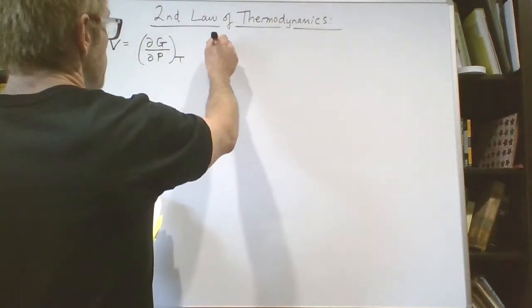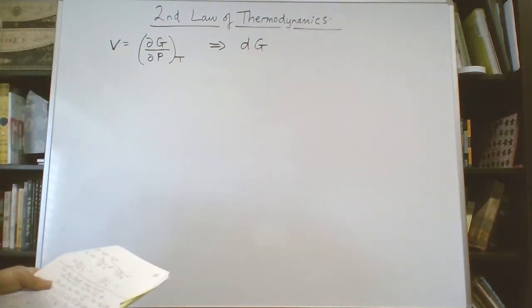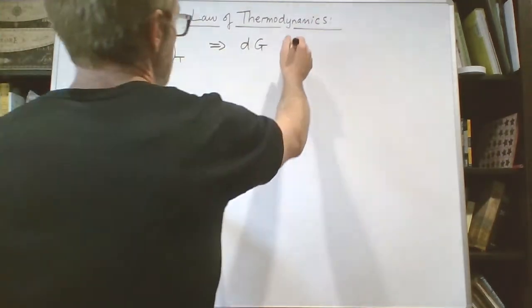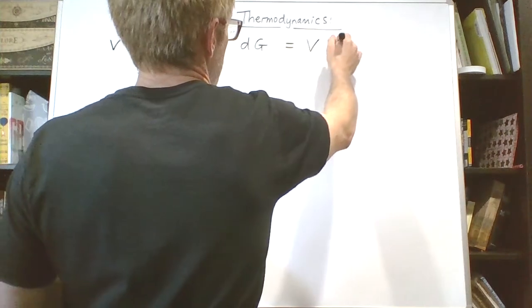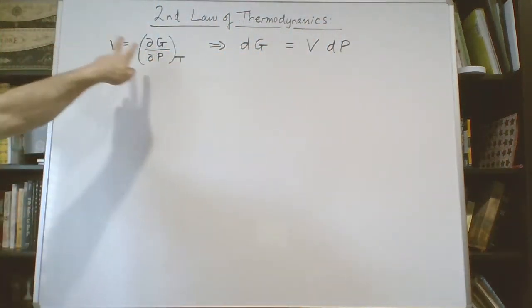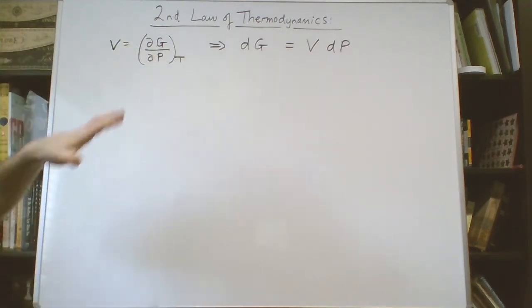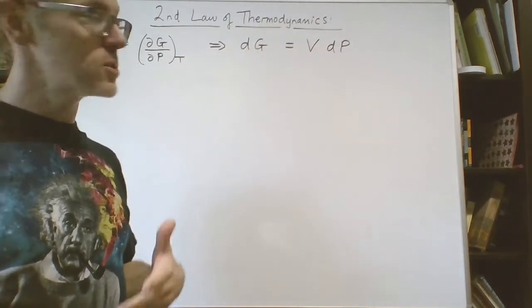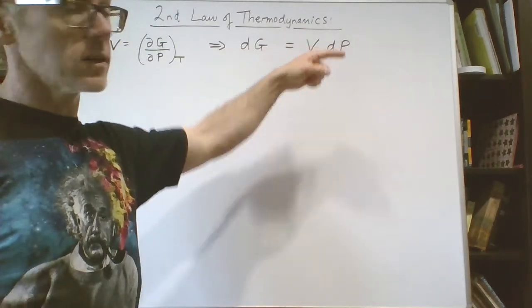So we can say that the change in Gibbs, change in general in Gibbs, so I'll revert back to regular d, is volume times the change in pressure. So all I've done here, I've just moved the dP up here. So in general, if there are no other considerations, then rather than use partial considerations, we can just use regular considerations and say Gibbs is the product of volume and pressure change.